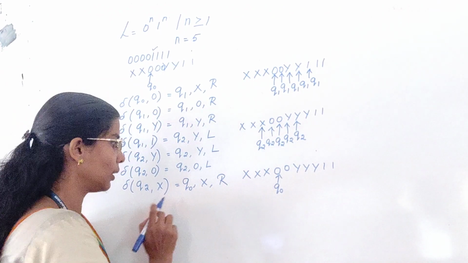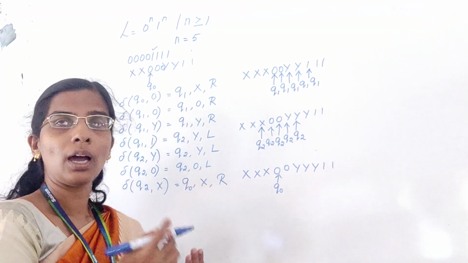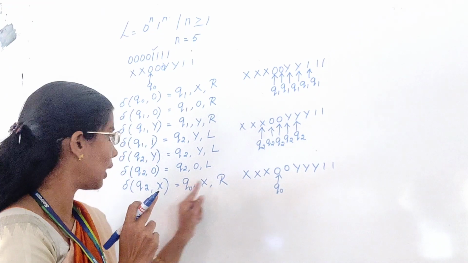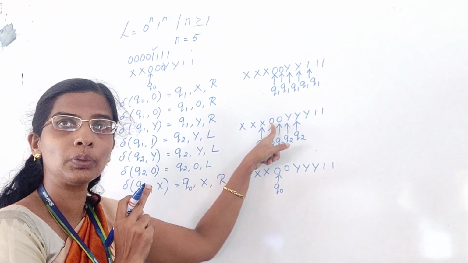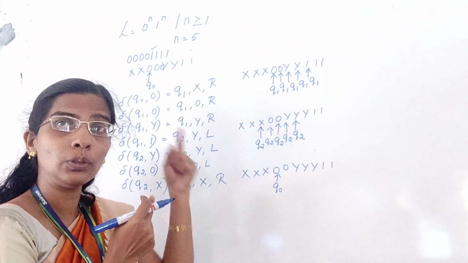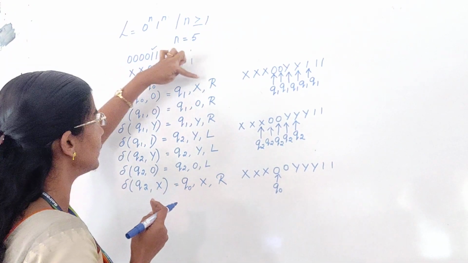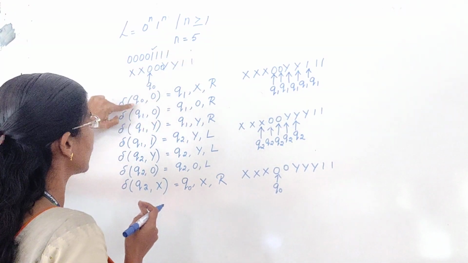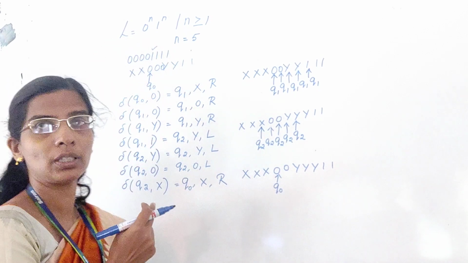I'll tell you once again. When you take right, I'll be getting my first 0, and I have to replace this first 0 with x. Then you have to check in which state 0 is replaced with x. 0 is read by q0 and it is replaced with x by making a state change to q1.